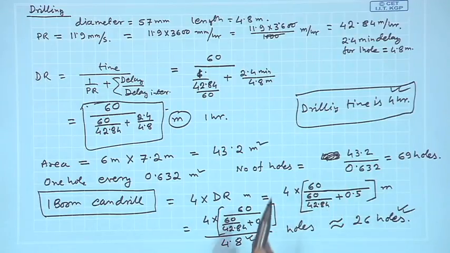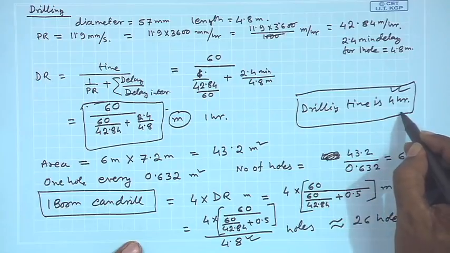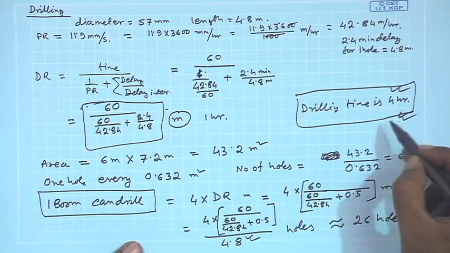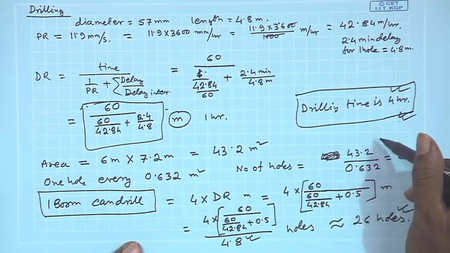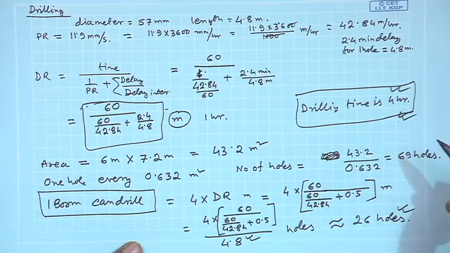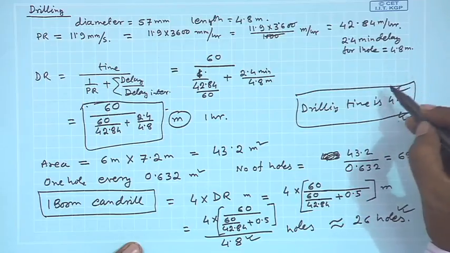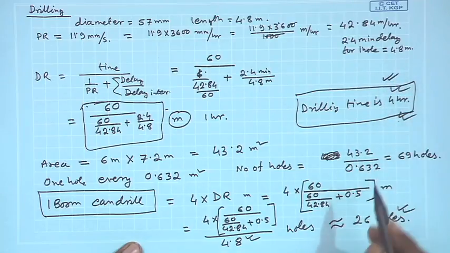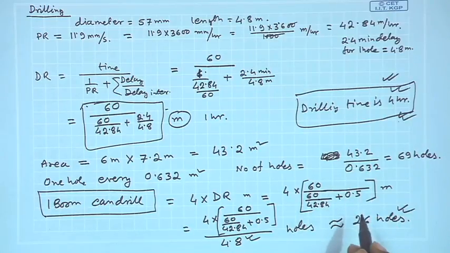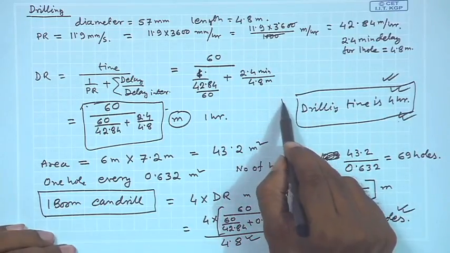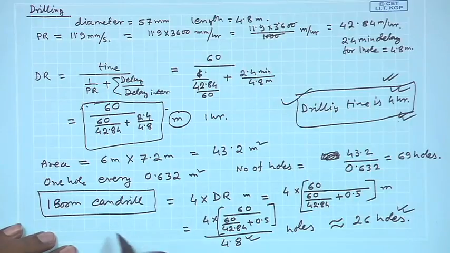So, 3 blast rounds can be carried out in one day, considering 4 hours of an 8-hour shift is for drilling time, and the rest 4 hours is for charging, blasting and fume dispersion time. Considering that the drilling time given is 4 hours, in 4 hours one boom can drill 26 holes.